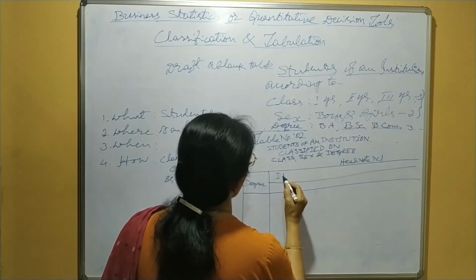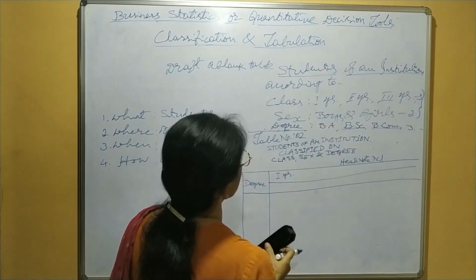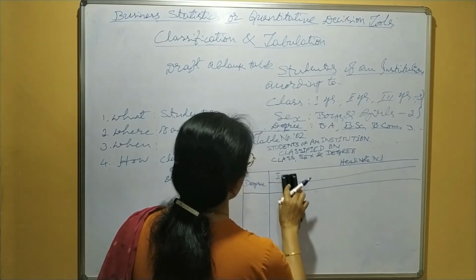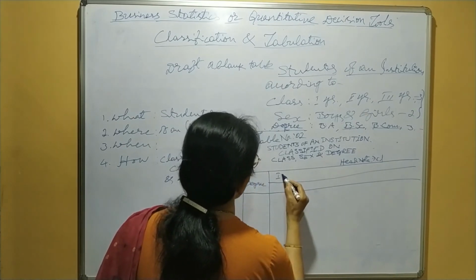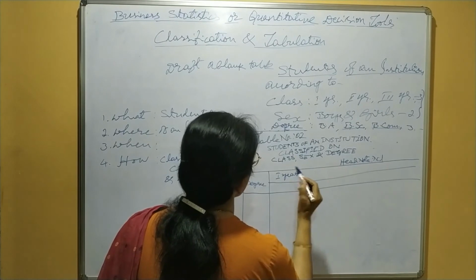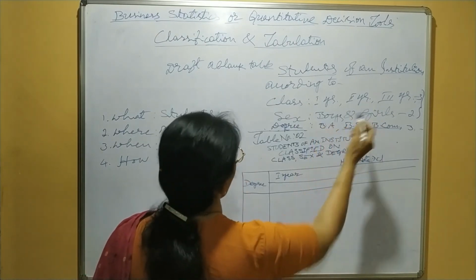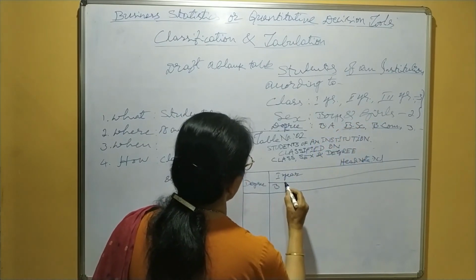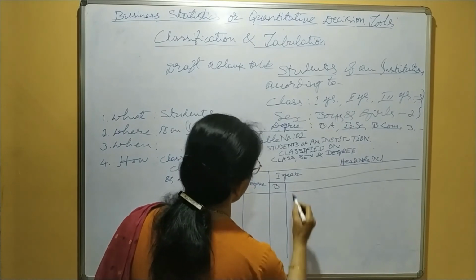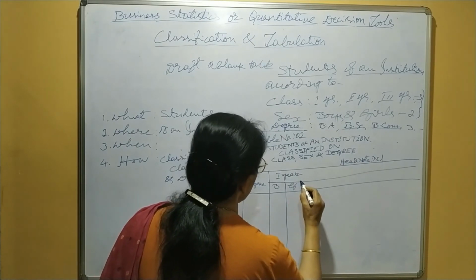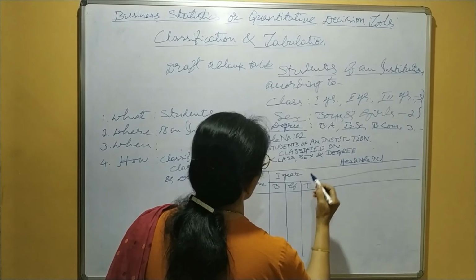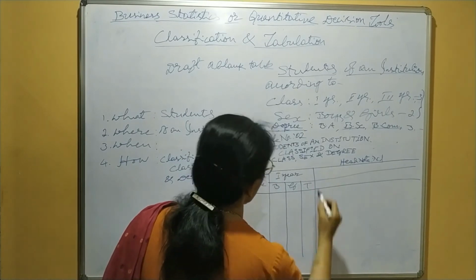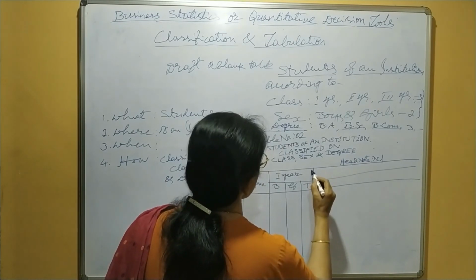First thing, first year. Here I think here we have sufficient space, right? First year. Under that boys and girls, boys, girls, total.